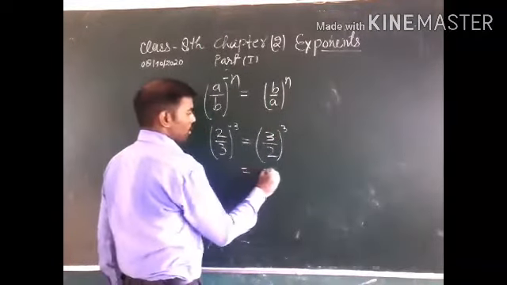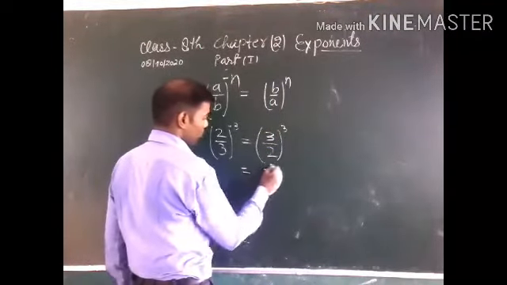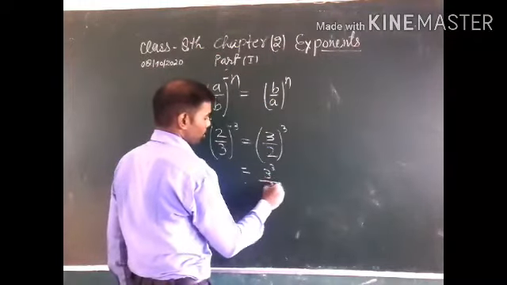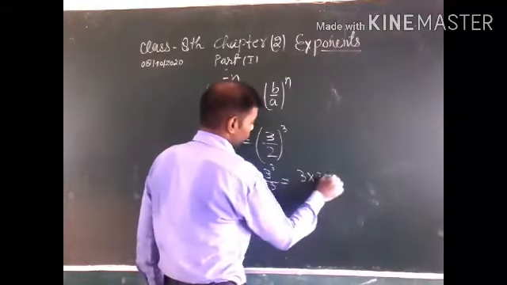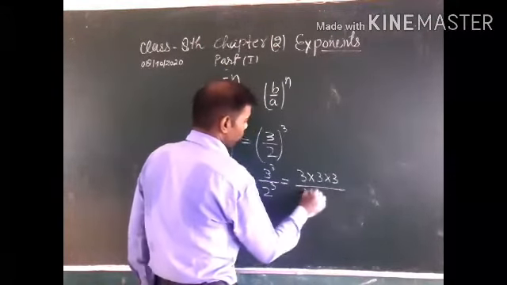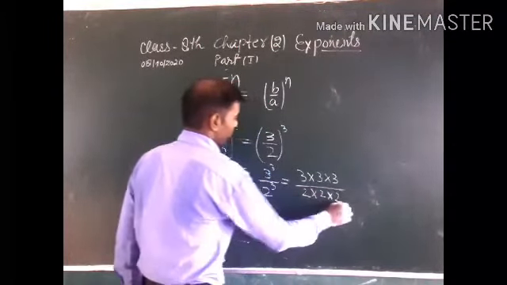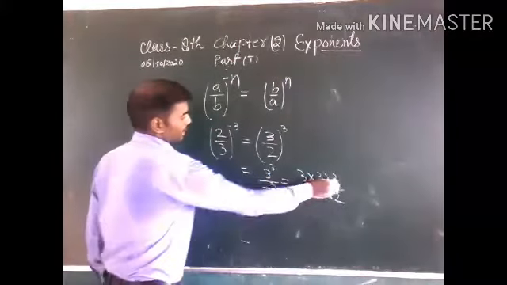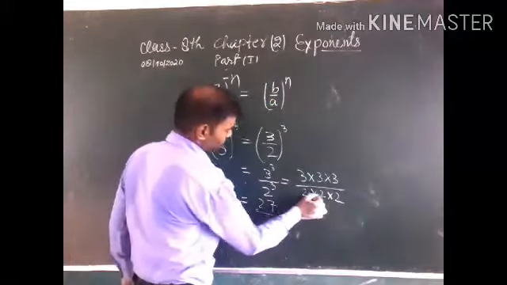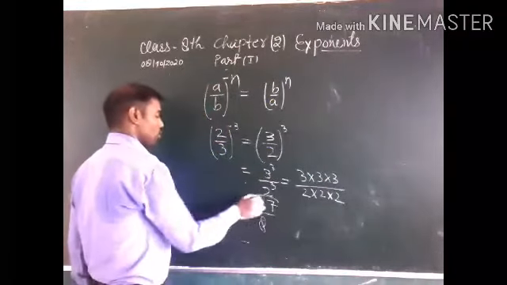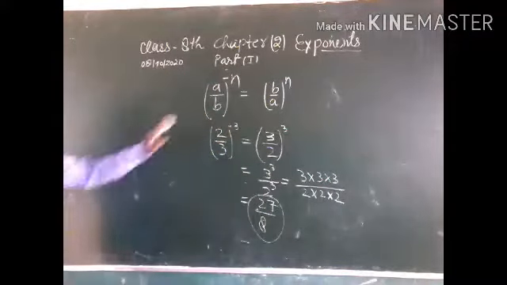Now solve 3 to the power 3 upon 2 to the power 3. It means 3 into 3 into 3 divided by 2 into 2 into 2. It means 27 by 8. So this is the explanation of the given formula.